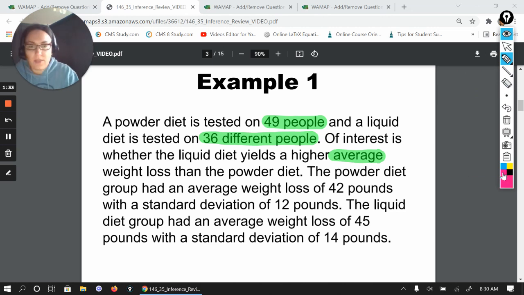So let's write down some things that we know from this example. We know that there are 2 samples, and we know that we're dealing with means. And we know that this is unpaired data.